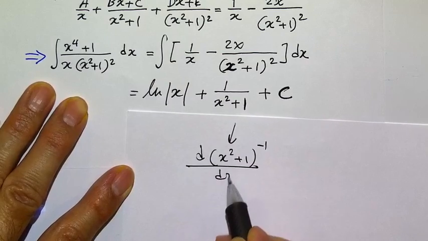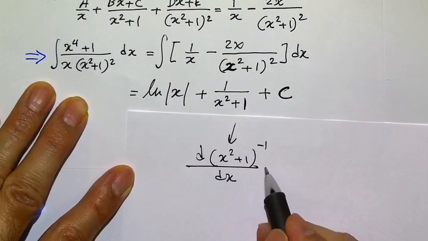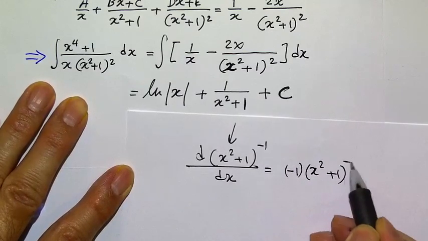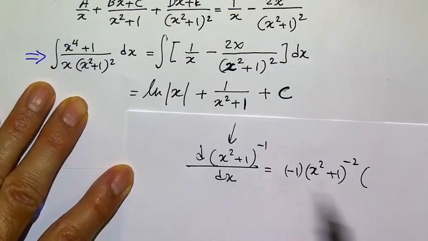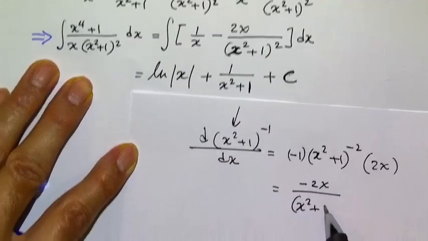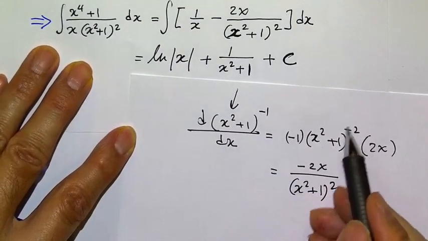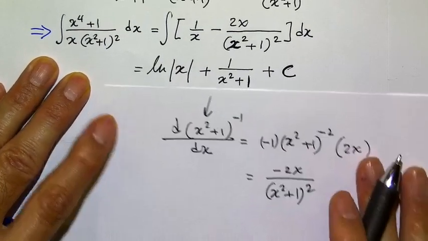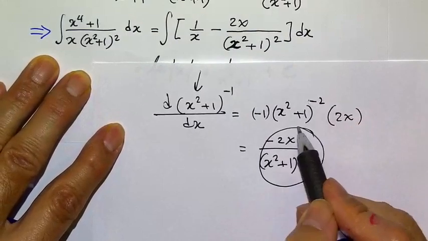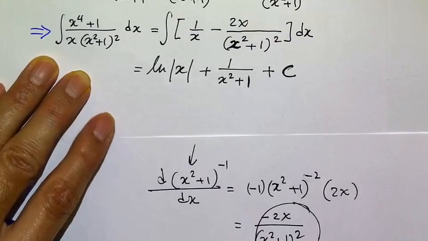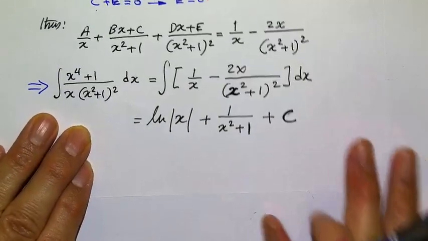Take the derivative with respect to x, d dx, equals minus 1 times x squared plus 1 to minus 2 power times 2x by the chain rule, right? So we end up with minus 2x divided by x squared plus 1 squared. This is rewritten in positive power. And that's exactly what we have, right? Compare this with that. Okay, so that's the integral of that expression.